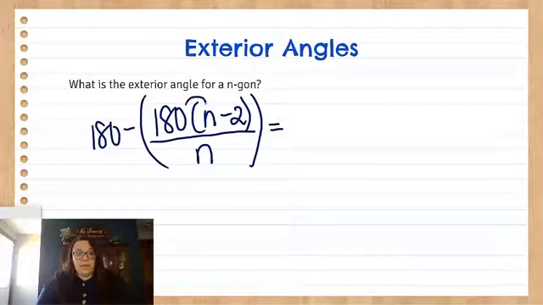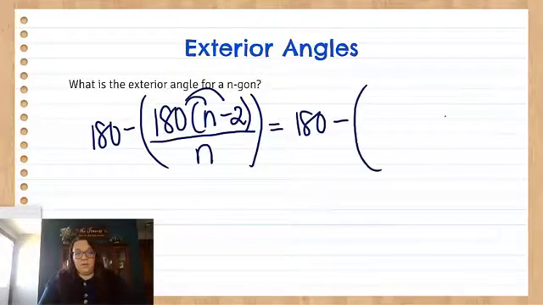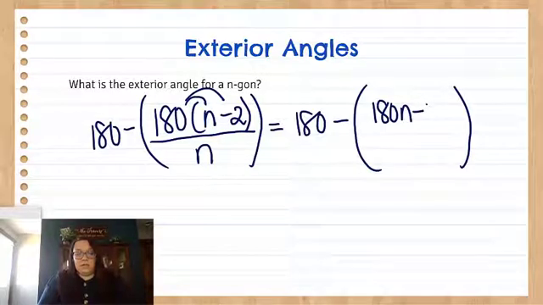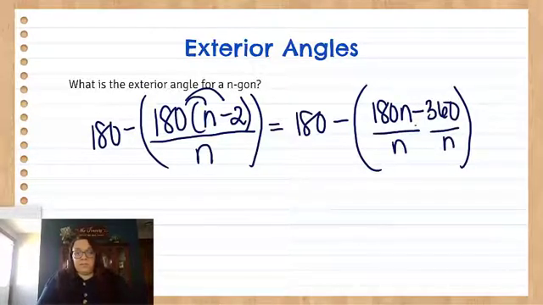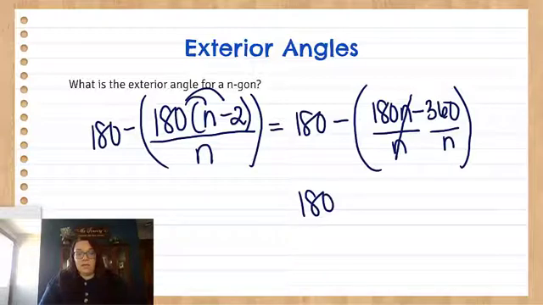Let's distribute the 180 on top here. So I'd have 180n minus 360, and then each of those are divided by n. I'll write it out like this. That way I can notice that these I can cancel, and let's distribute the negative in. So I've got 180 minus 180.